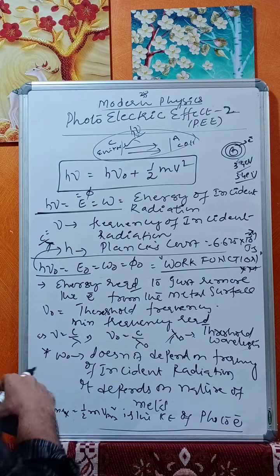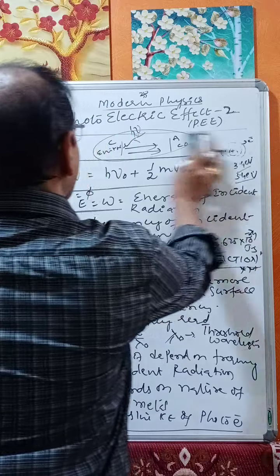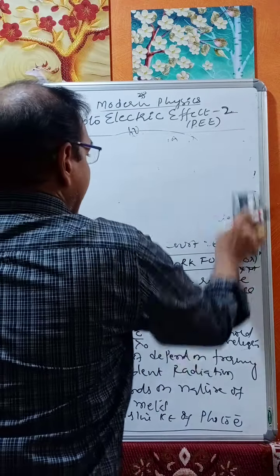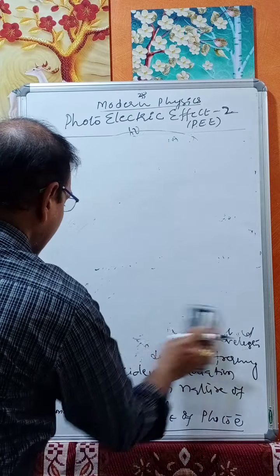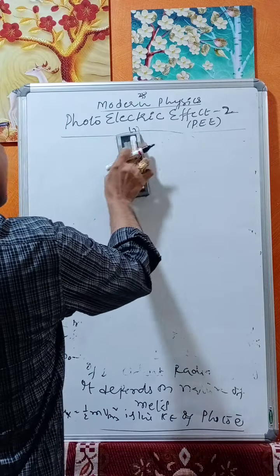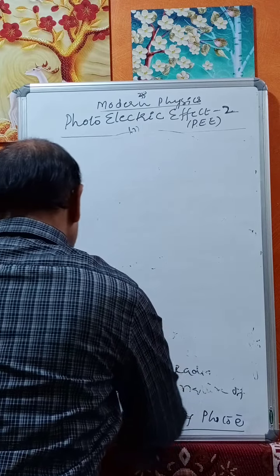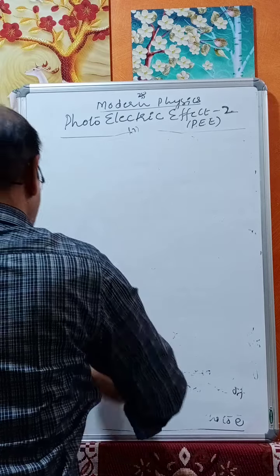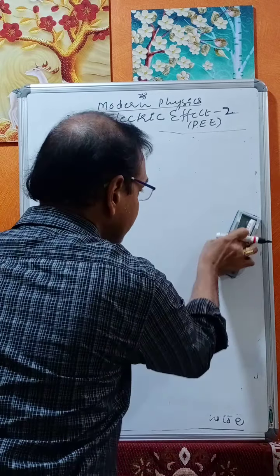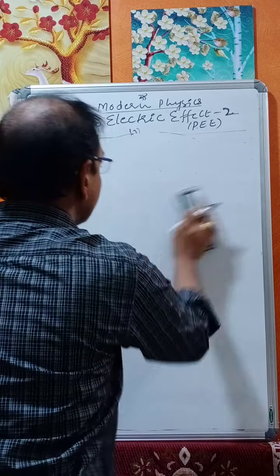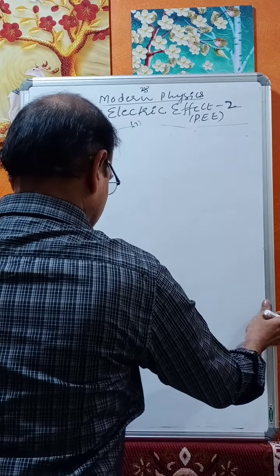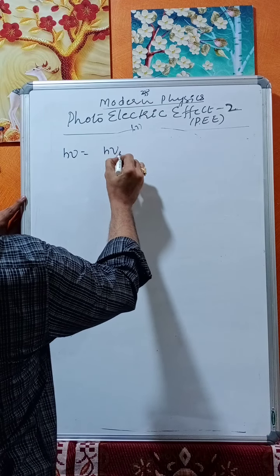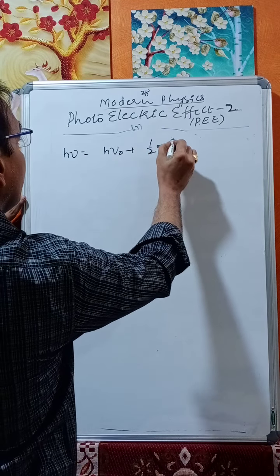Now I can write this in different formats also. Let us see that. Other formats of this photoelectric equation. In basic form I have given you h nu is equal to h nu naught plus half m v square.